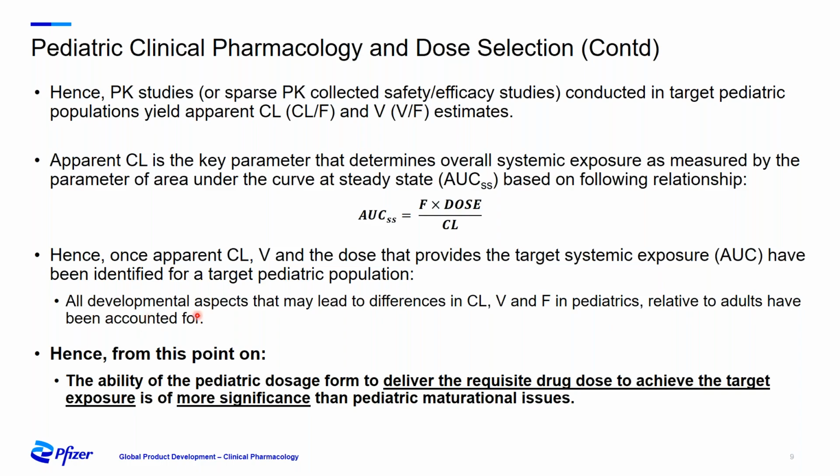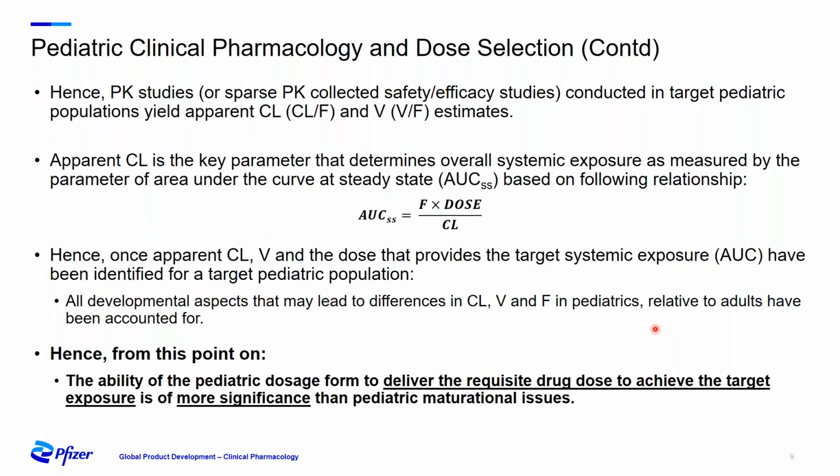Once we have determined that, all developmental aspects that may lead to differences in clearance, volume, and bioavailability in pediatrics relative to adults have been accounted for. So once the apparent clearance and volume have been determined in children along with bioavailability, because remember, bioavailability is part of the clearance and volume, we have accounted for the developmental differences between children and adults.